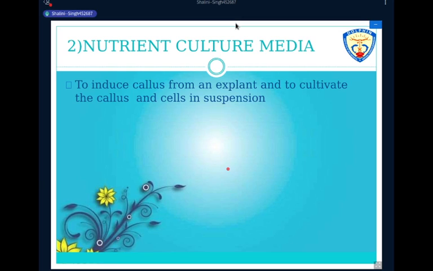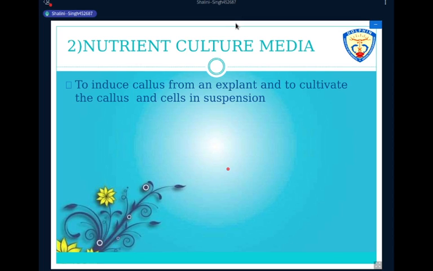You take the specific explant from the mother plant, wash it with liquid detergent, then you can treat that explant either with an antibiotic or with a fungicide, and then it is treated with the disinfecting agent in a laminar airflow cabin.